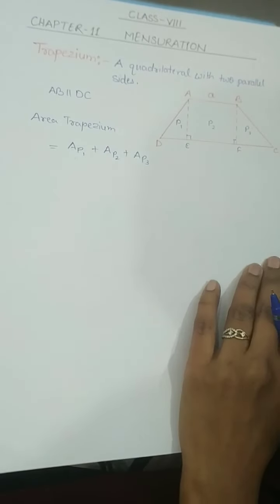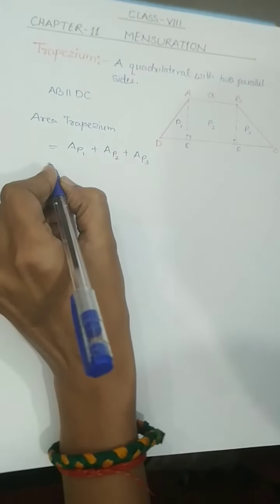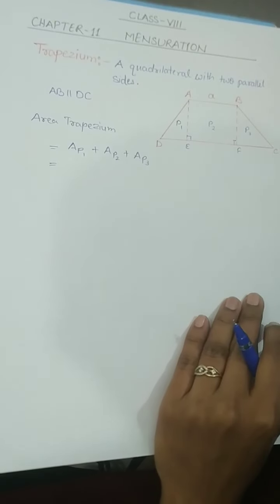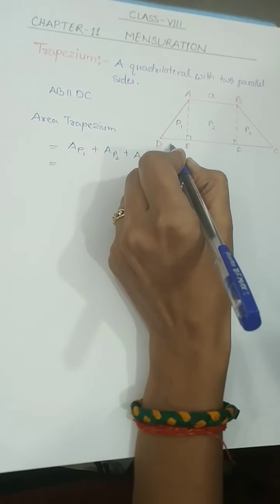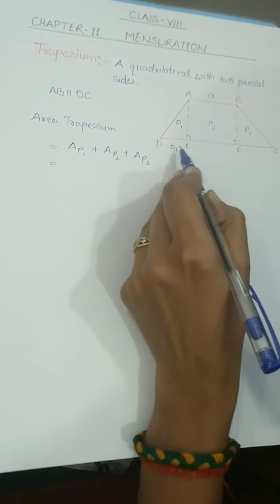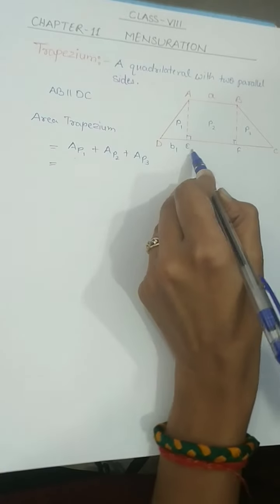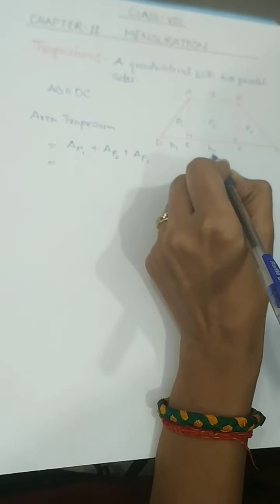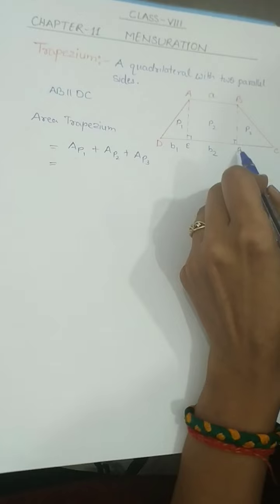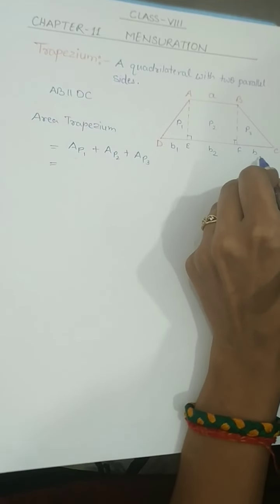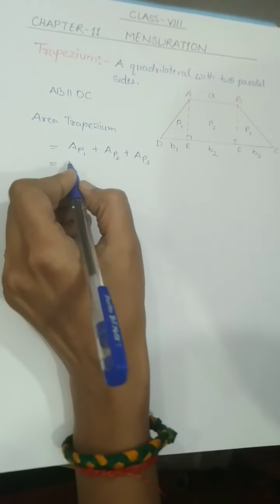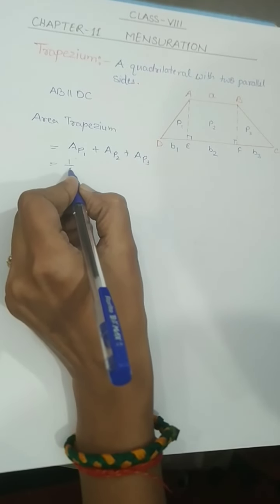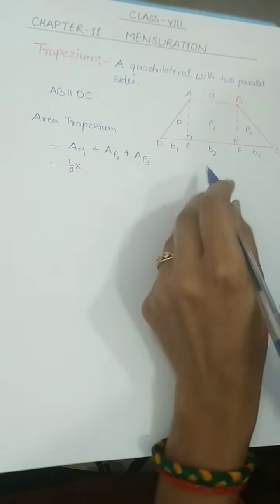Now you can see the first part is a triangular shape, and suppose the base DE has length B1, EF is B2, and FC is B3. In part first, the area of the right angle triangle is 1/2 base into height.